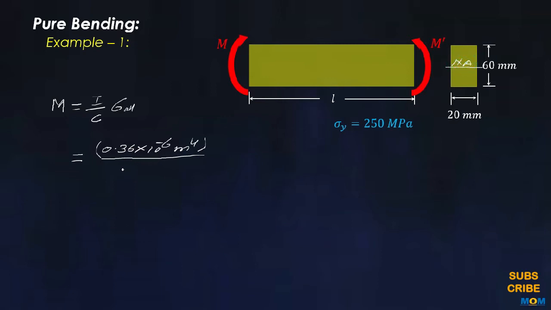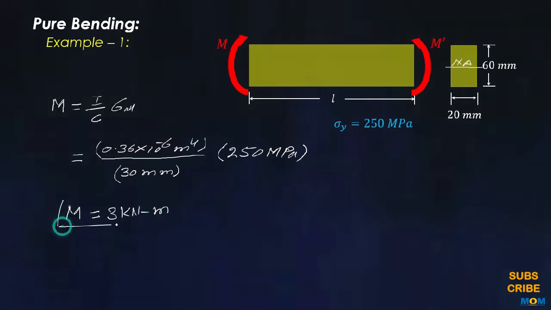So this is going to be 30 millimeter. Multiply with the yield strength, that is 250 megapascal. Now after solving this, we get the value of bending moment, that is 3 kilonewton meter. Now this is the answer.